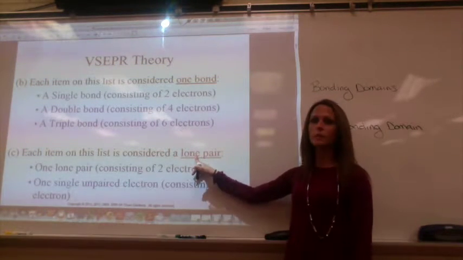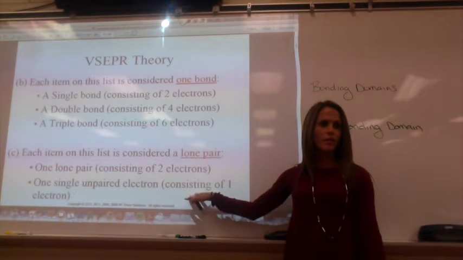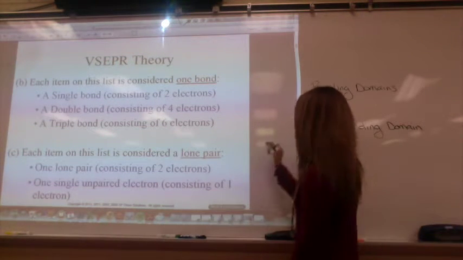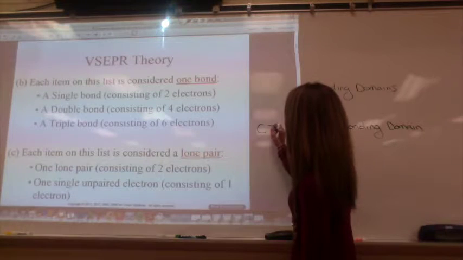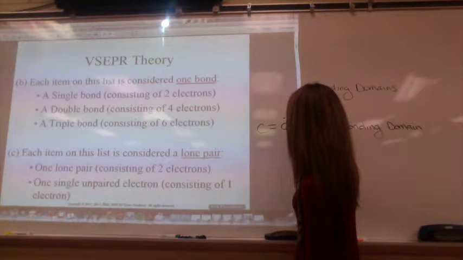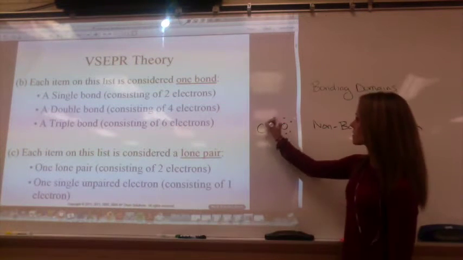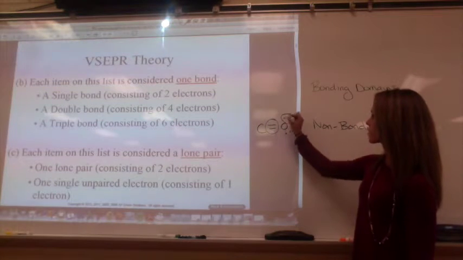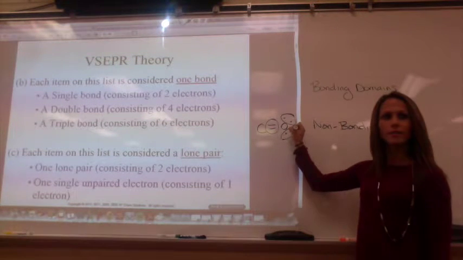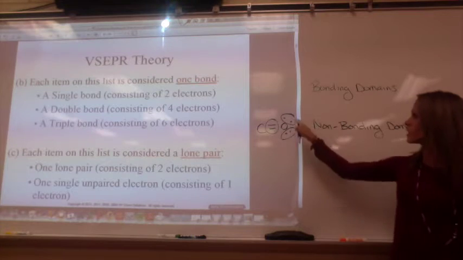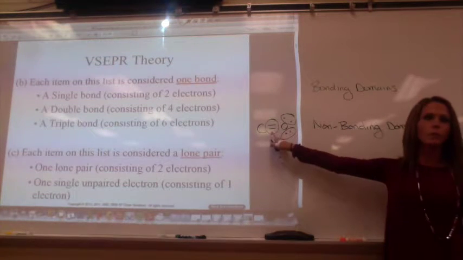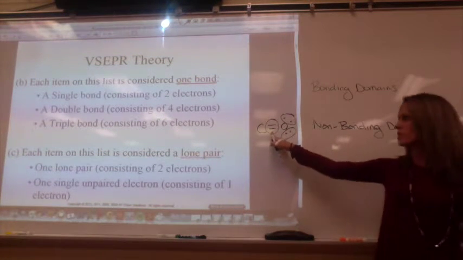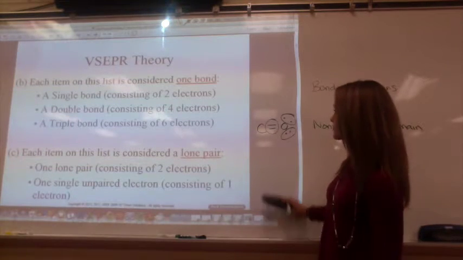A non-bonding domain is a lone pair of electrons. It could be that radical, but we're not using it. So if I give you this, this counts as a domain, this would count as a domain, and this would count as a domain. See it? So these would be 2 non-bonding, this would be 1 bonding. We'll do this just on one molecule though overall.